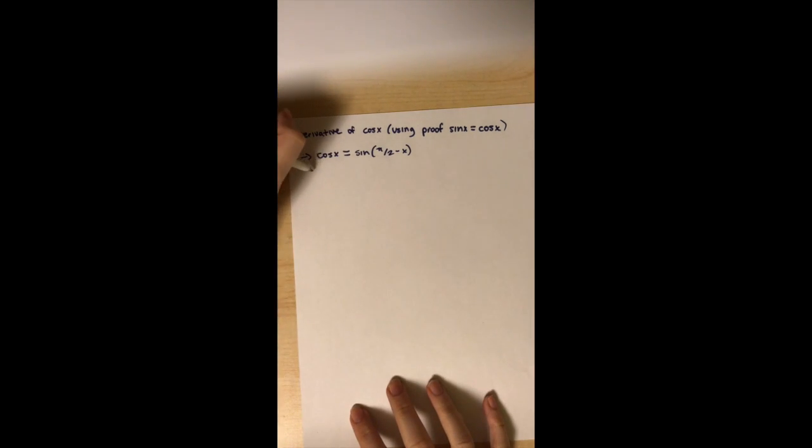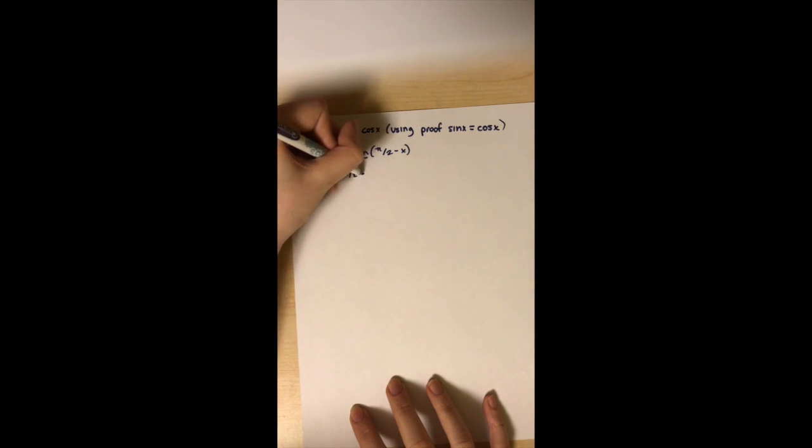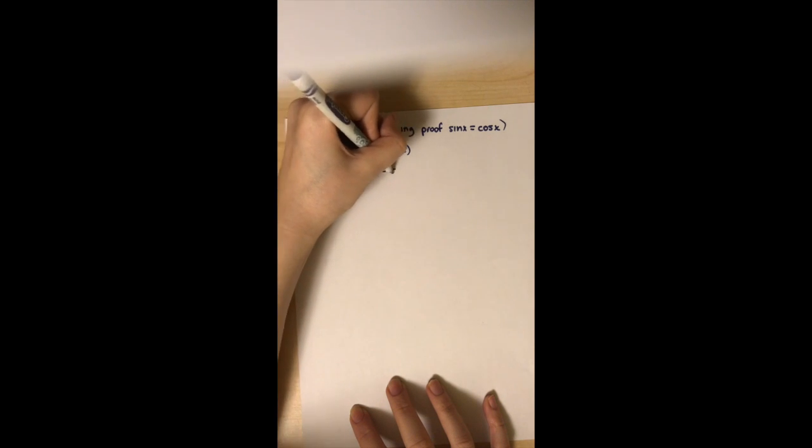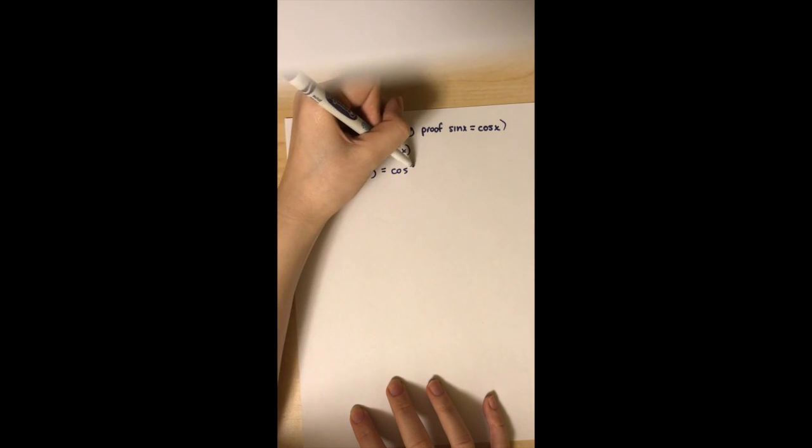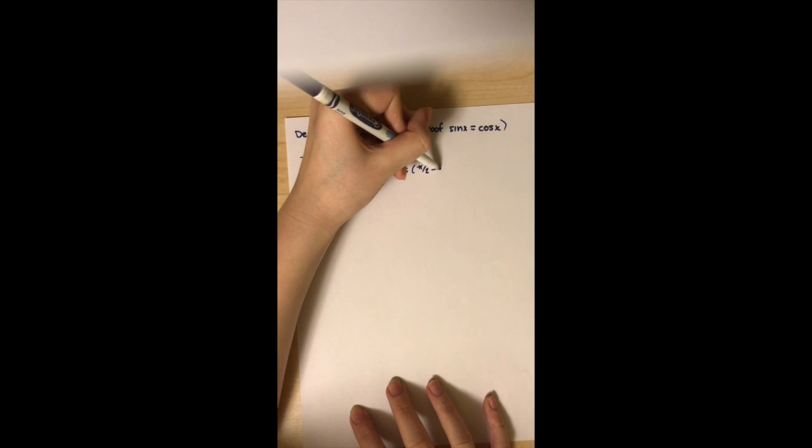So since we know that the derivative of sine x is cos x, we can rewrite the derivative of sine of pi over 2 minus x as cos of pi over 2 minus x.